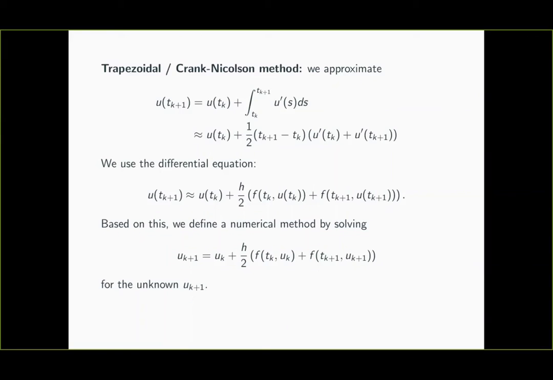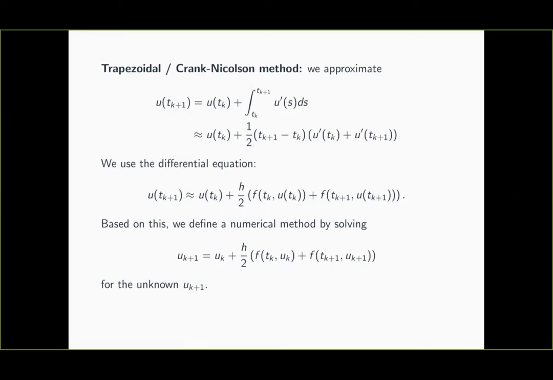Similar as before, we use the differential equation in order to get rid of the derivatives u prime here. So u at time tk plus 1 is then roughly the same as u at time tk plus h over 2 multiplied with f at tk, u tk plus f at tk plus 1, u tk plus 1.